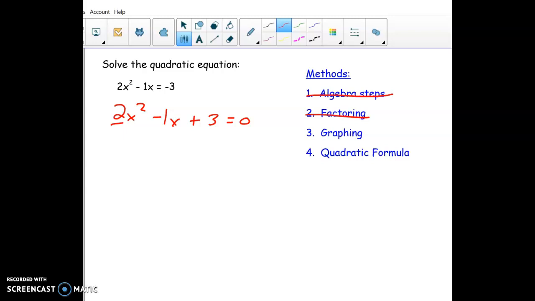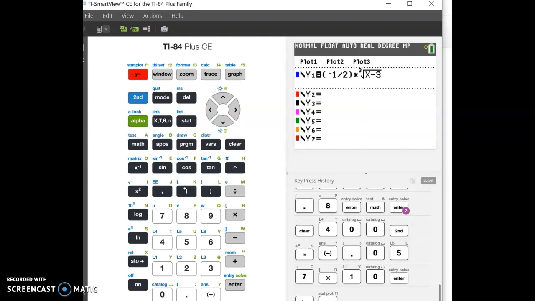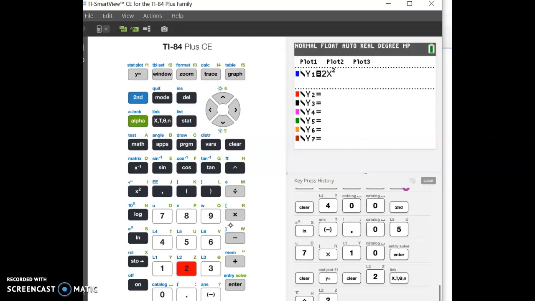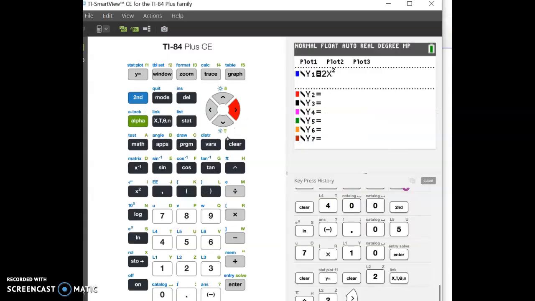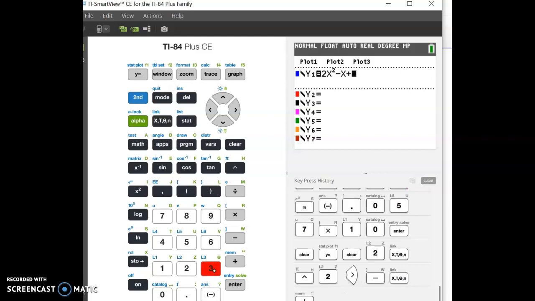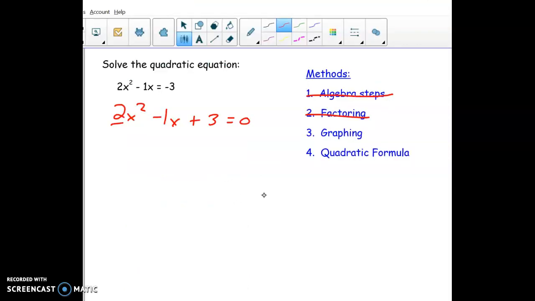Let's see if that works if we type it in our calculator. I'm going to do y equals, clear everything out. There's a 2x squared minus 1x plus 3. Hit graph. Looks like only imaginary answers. That's unfortunate. So graphing's out, so I guess this is quad formula.